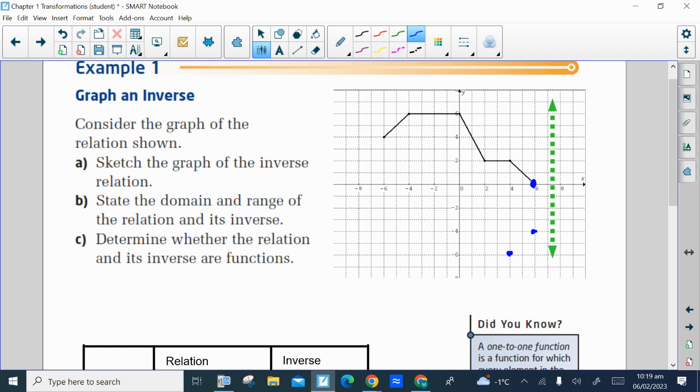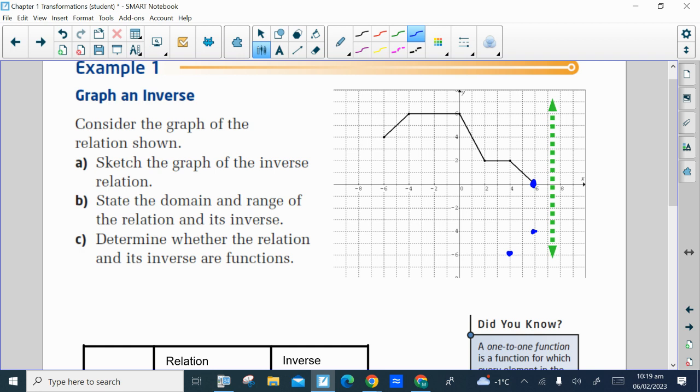Now, that point is common to a point on the original graph, but it's not considered to be invariant because the point came from a different place. It moved. Yes, it became a point that was part of the original graph, but it's not invariant because it came from a different spot. It moved to get there.